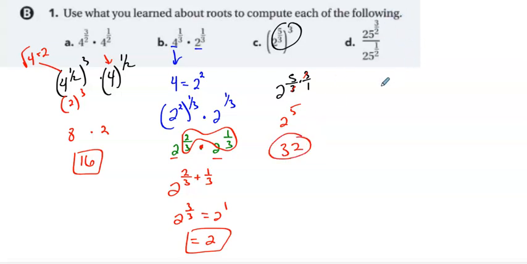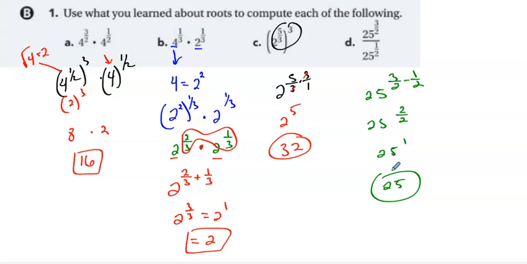And then this one, you have division, so you have a base of 25, and you have 3 halves minus 1 half, so 25 to the 2 halves, or 25 to the first, which is equal to 25. All right, and that's pretty much all of them at this point.